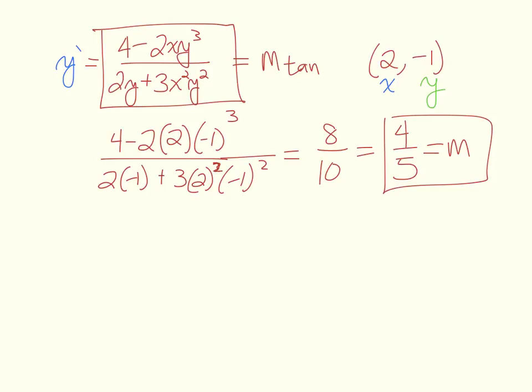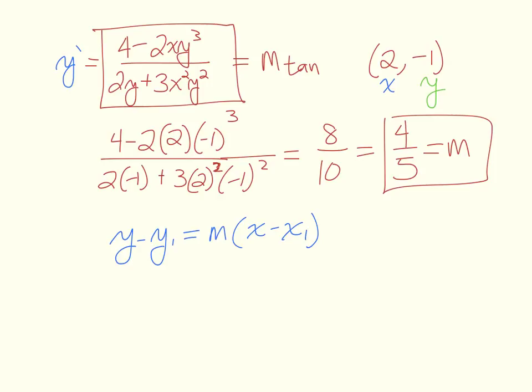We're almost done. Now we need to find the equation of the tangent line. The equation of the tangent line, since we have a point and a slope, is very easily found if you use the point-slope form of a line. That is y minus y1 equals m times the quantity x minus x1.